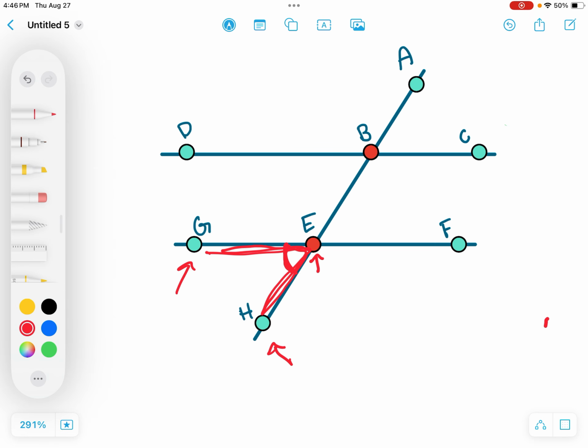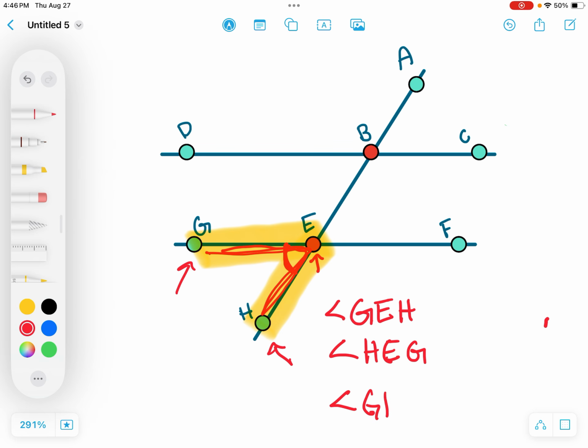We need to make sure E is in the middle, so we'd say angle GEH, connecting our dots, or we can go the other way, saying angle HEG. Angle GHE would not work. Why would it not work? Because your vertex is not in the middle. H is not the vertex here. It is an endpoint. So this is why this one would not work for this angle right here.